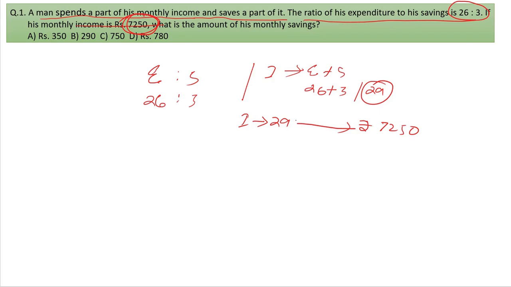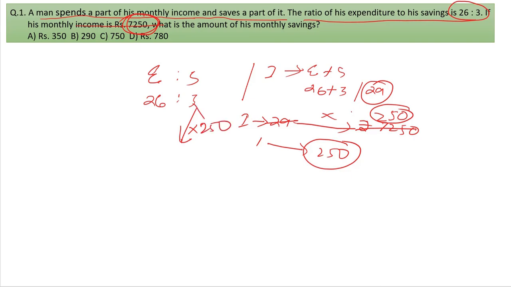If 29 gives 7250, one unit gives 250, and his saving, 3 units, will be 750. That is his monthly saving. So option C is the correct answer.